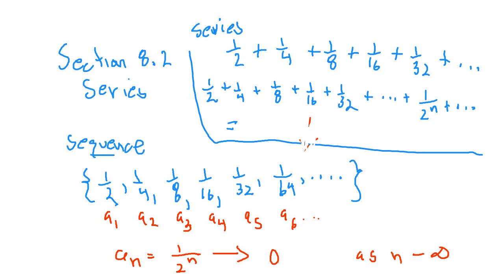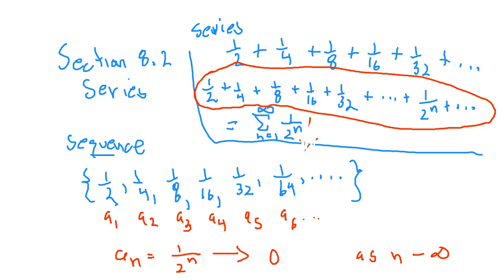And what you're doing is you're adding up from n equals 1 to infinity terms of the sequence. So in other words, if we write the series out, this is the long way to write it. Okay, but we know what we're doing there. We're adding the terms of this sequence here. And that's a series when you add the terms of a sequence.